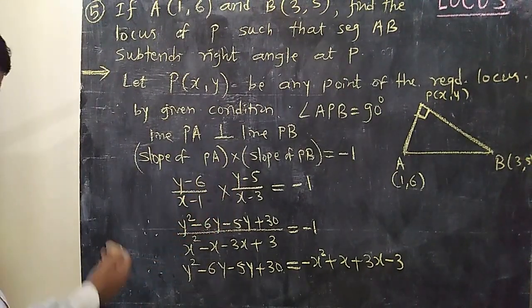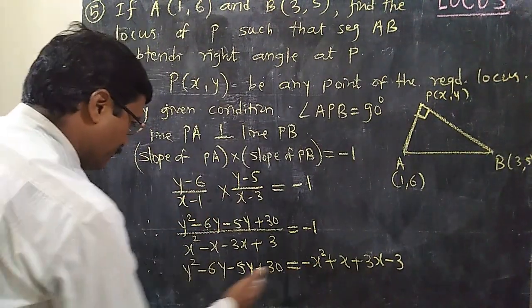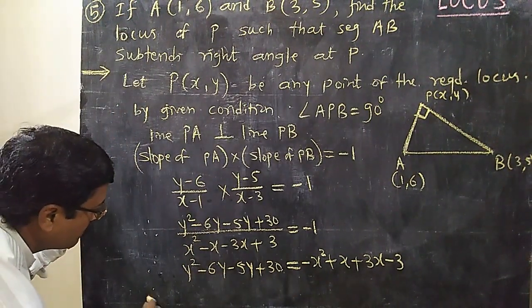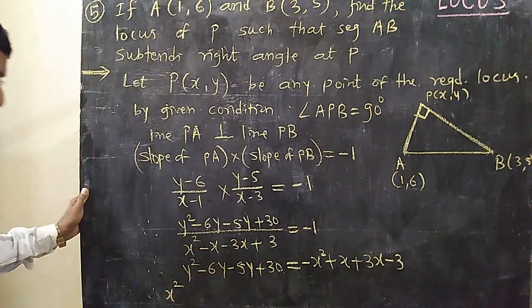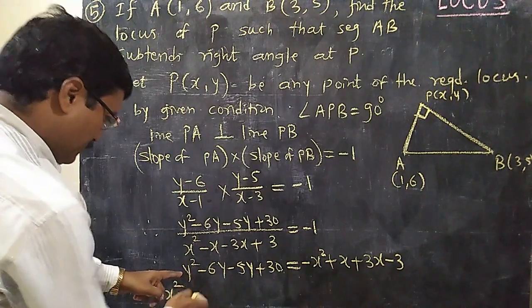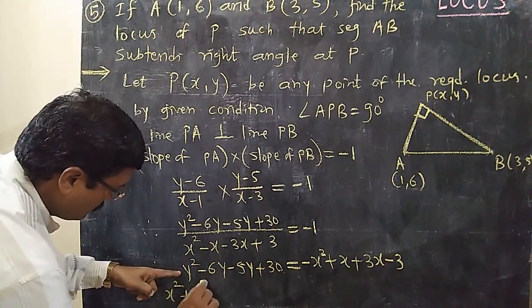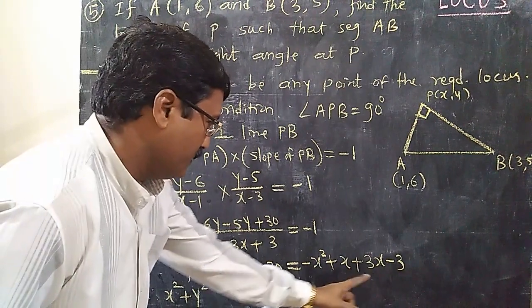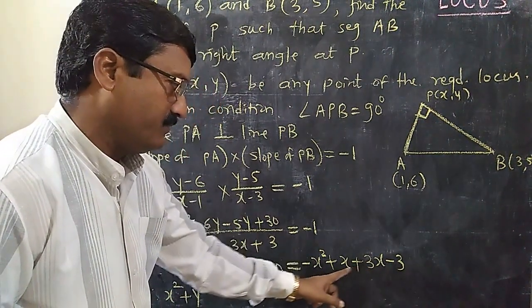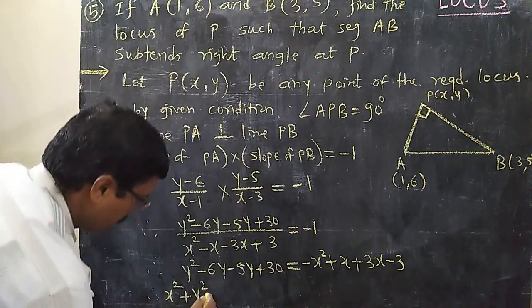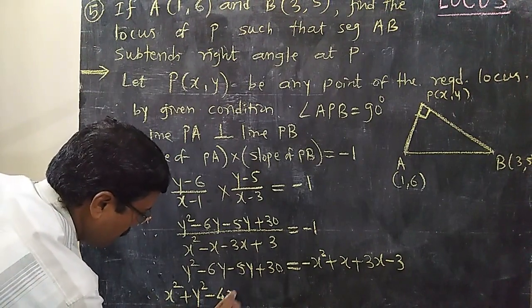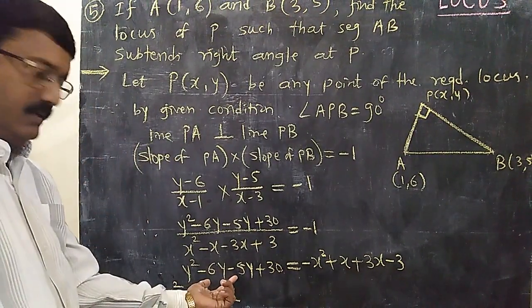Taking each term to the left and simplifying, x square becomes positive here. This y square is already positive. Taking this, x plus 3x is nothing but 4x, and this 4x becomes here negative 4x. This is minus 11y.